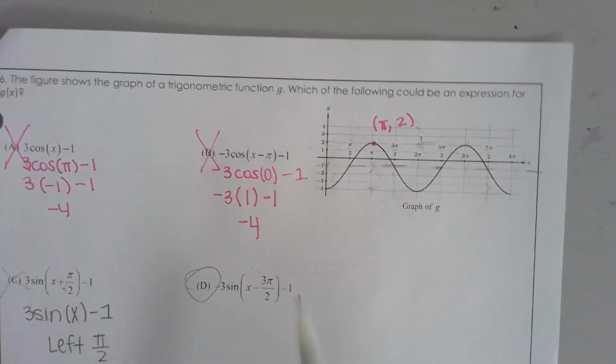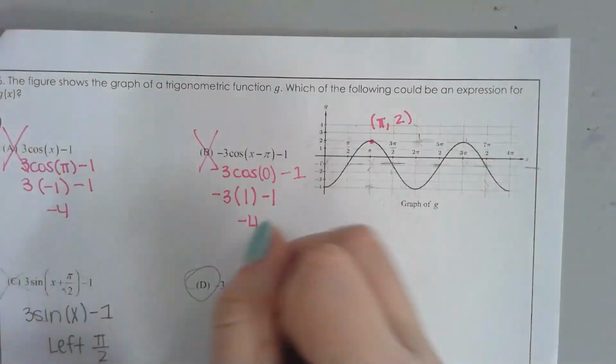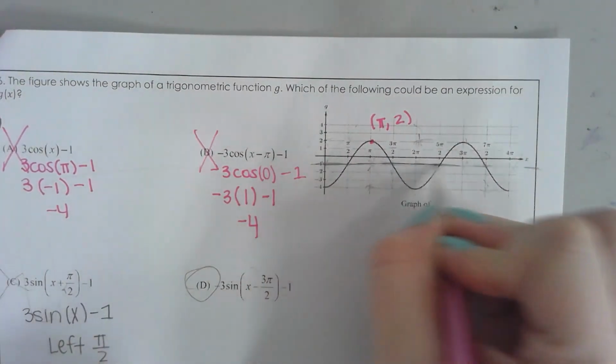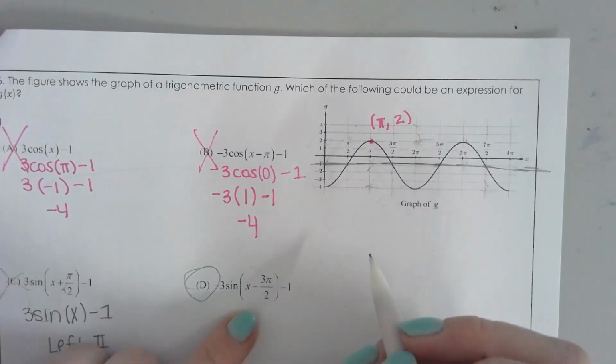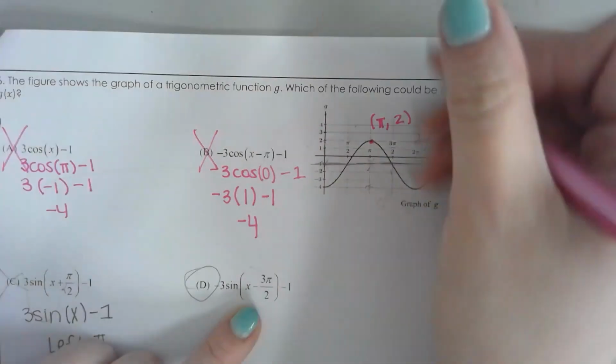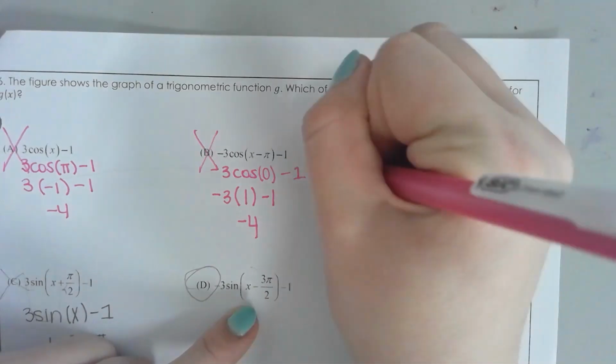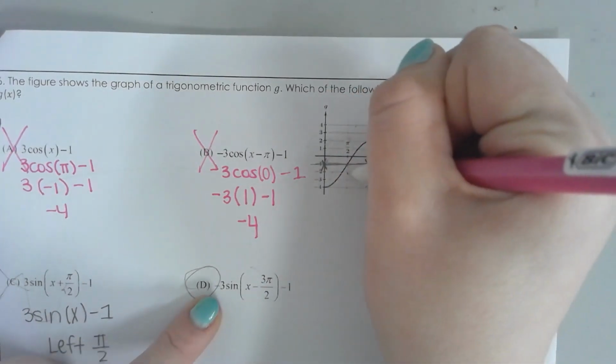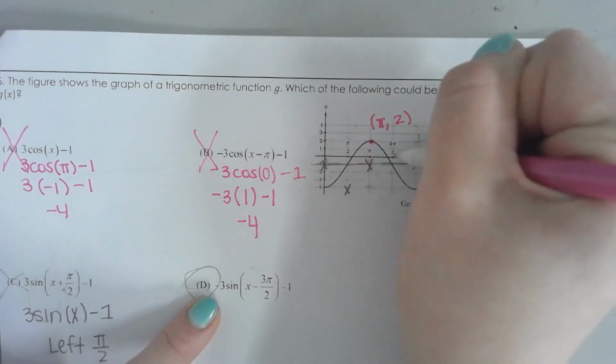So this other one has a midline of -1. Okay. This one has the -3. 1, 2, 3.